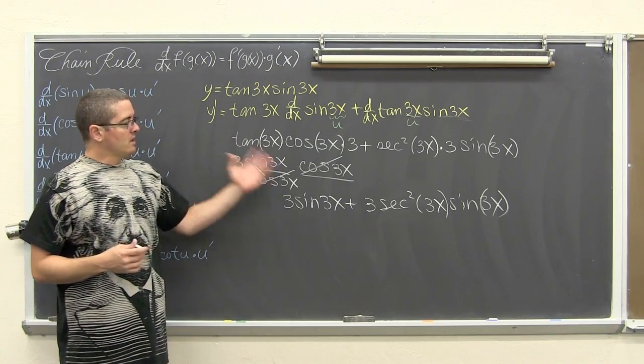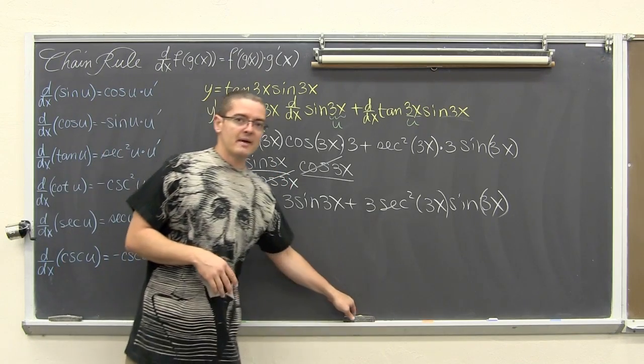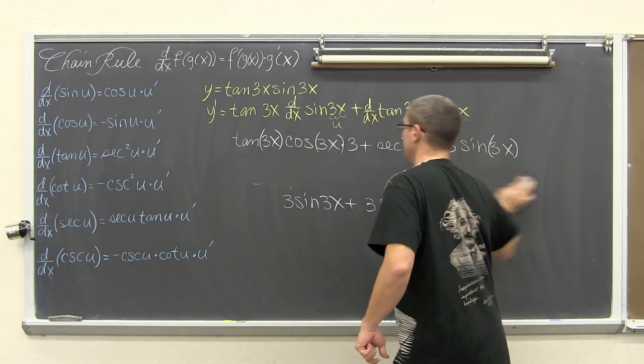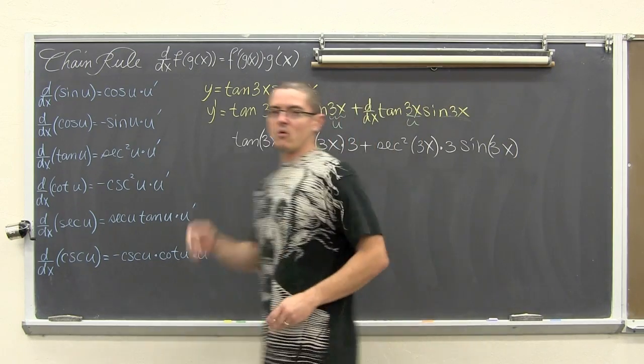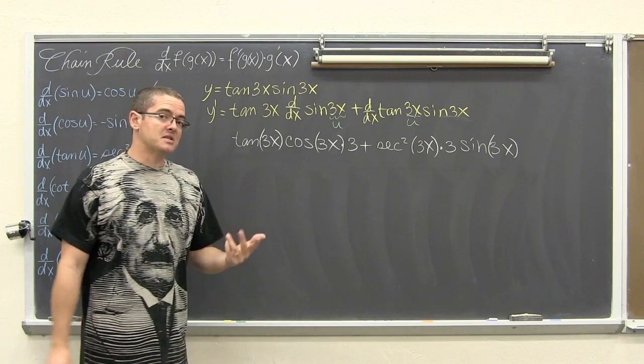So if you want to rewrite this so it's a single fraction, or if your answers in the back of the book only have sines and cosines and you're trying to check your work, then we could have, let's try and make this look different. That wasn't incorrect, let's just make it look different. We, again, have tangent, which is going to be sine over cosine.